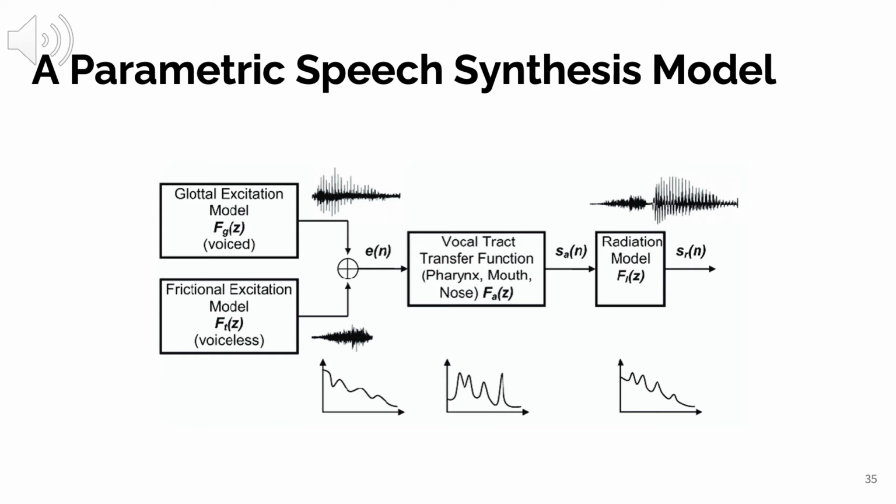And similarly, if we want to produce slightly different fricatives, we can have some variation in the frictional excitation model. And again, we can add some noise into these systems, so they won't necessarily sound completely robotic, but they will still sound quite robotic. I'll play some examples of parametric audio output later, just to demonstrate that.